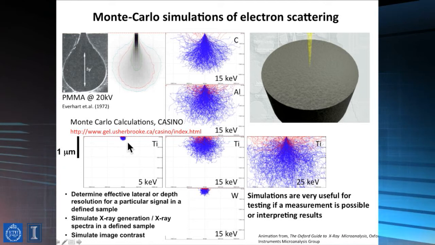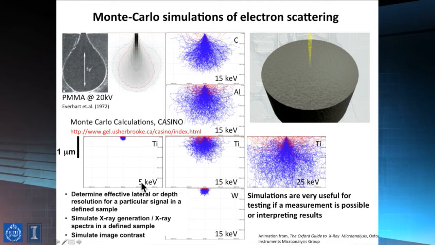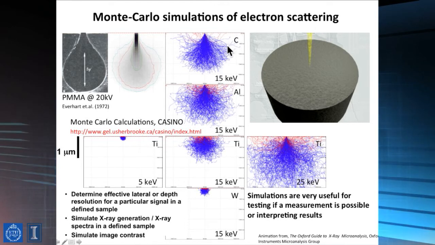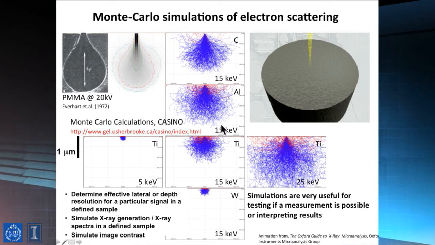And here's titanium versus titanium with a 5 keV versus 15 keV beam energy. And we notice that, in point of fact, the flux of secondary and backscattered electrons and X-ray emission, which are all embedded in these profiles, varies with not only material type but also beam energy in a very powerful way.